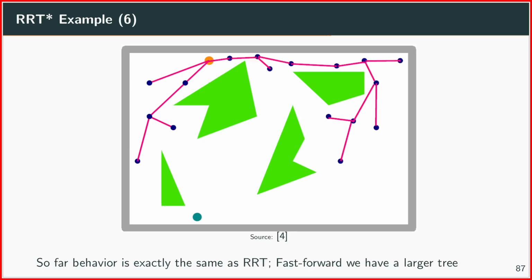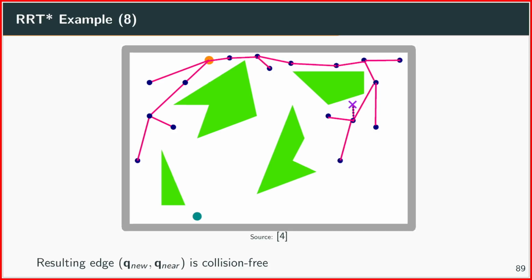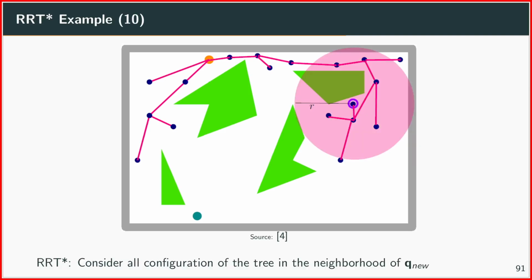And then later on, you might have a different tree here. And we want to look at one of the rewiring operations. Let's say you have sampled a configuration here, and your nearest neighbor in your tree is here. Then before you actually add this edge here, you check all the neighbors from this configuration. So this is the rewiring step now. This is the new configuration, and this one was the nearest configuration.